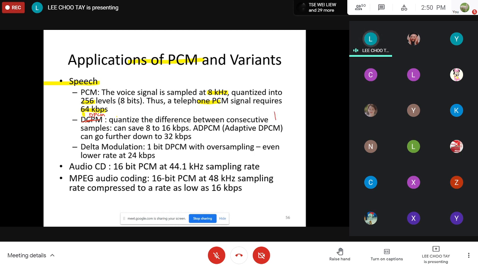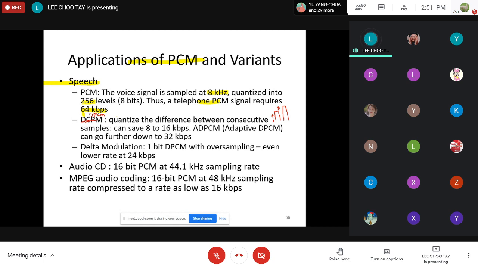That means if my current sample is this high and my next sample is this high, instead of transmitting the entire sample as it is, I just transmit the difference between them, which is this one here. So you can see if I transmit the difference between two consecutive samples, I only need a small value to represent the difference.